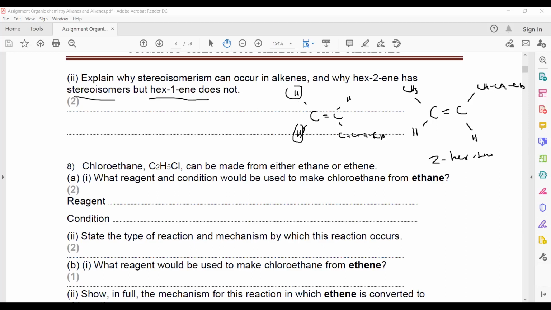This question is of two parts and 2 marks. First, why does stereoisomerism occur in alkenes? What is the reason? This is how you write the answer: the carbon-carbon double bond restricts the rotation, or prevents the twisting.